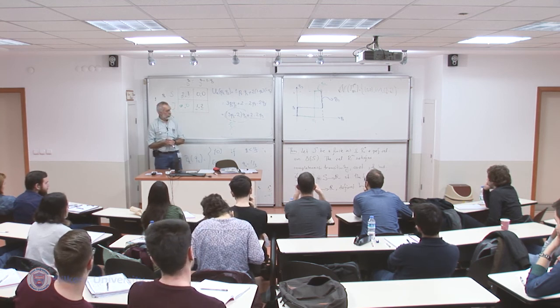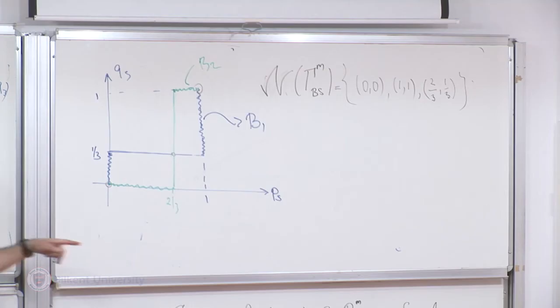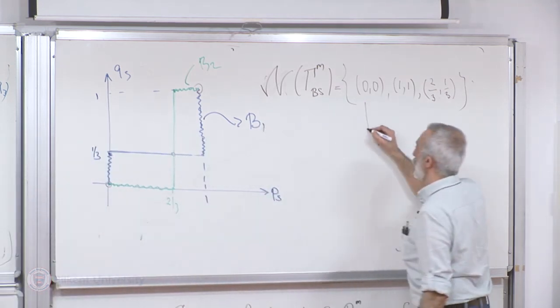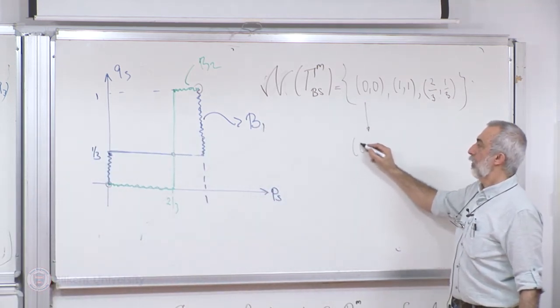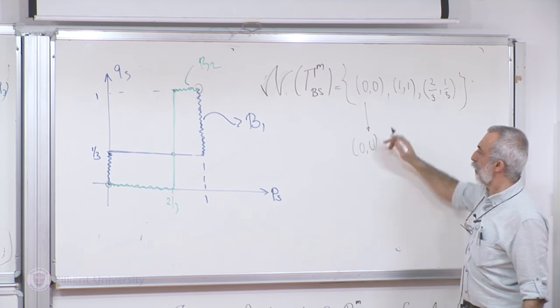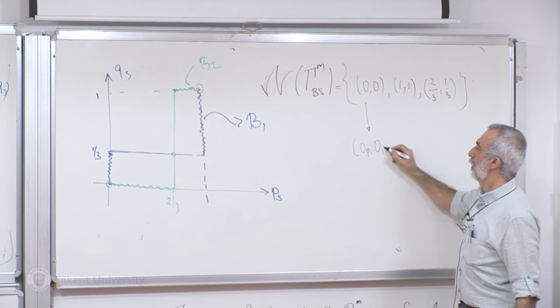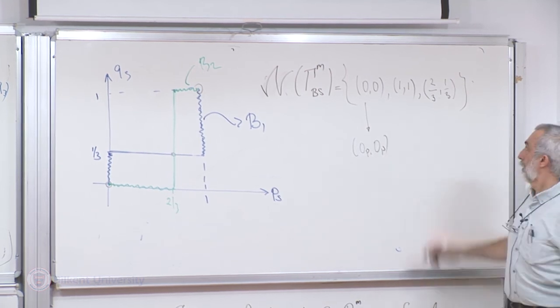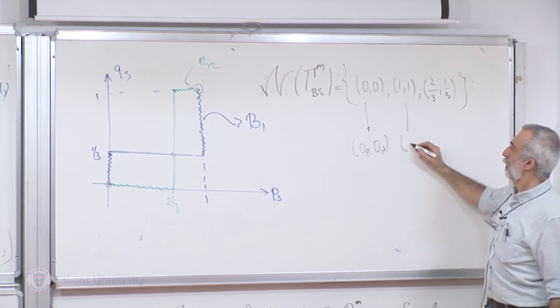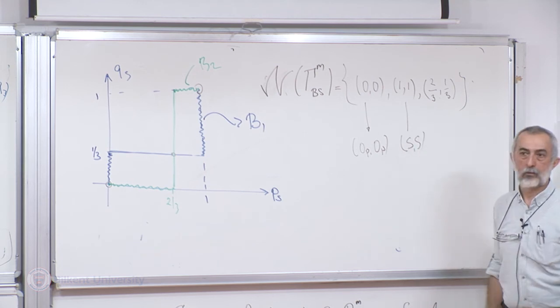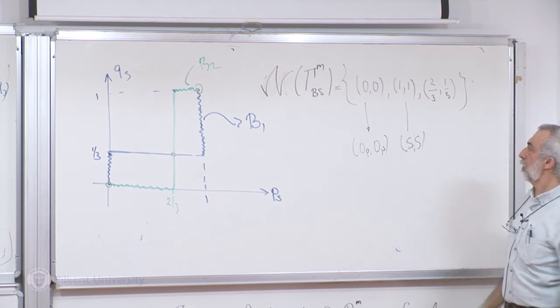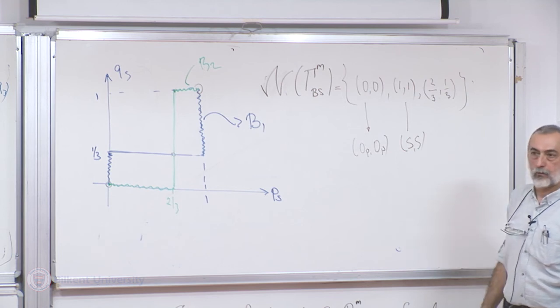So, first, notice this corresponds to OO, so that's 0, and this is the strategy opera. That corresponds to soccer, and that's a mixed strategy. Okay. Yep.